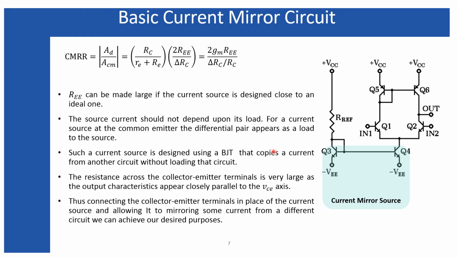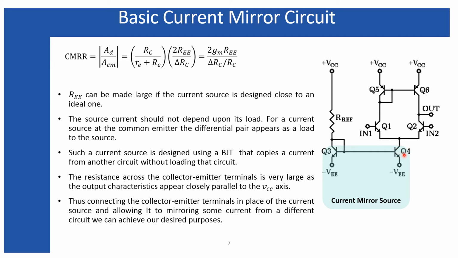So two things we have to keep in mind when designing a constant current source using a transistor or current mirror circuit: first, the load of the current source itself will not change the current provided by transistor Q4.